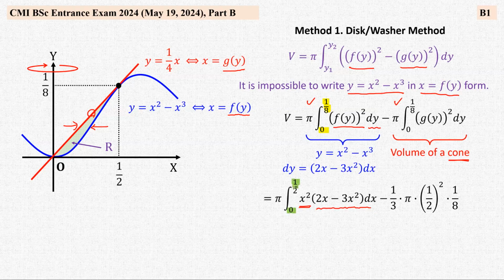Notice that the interval of integration also changes, now from 0 to 1/2, the range of x. And as for the second term, we can simply use the formula to calculate the volume of a cone, which is 1/3 times pi times the radius of the base, 1/2, so 1/2 squared, and the height is 1/8. So if we carry out the integration and do the math, we obtain the volume pi over 480.